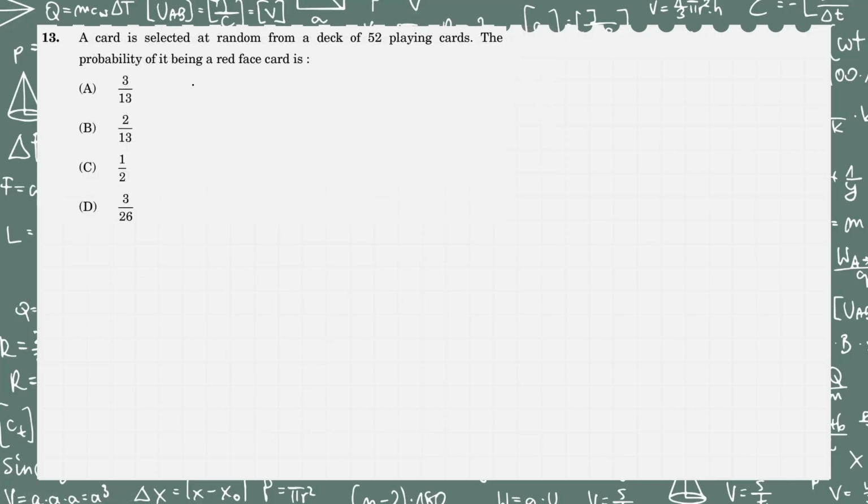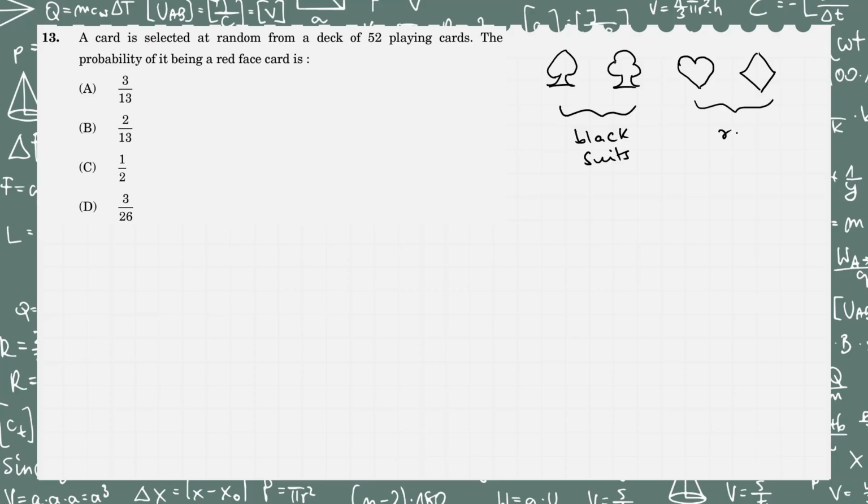Let's move on to the next sum. A card is selected at random from a deck of 52 playing cards. The probability of it being a red face card is, actually, hope you know, in a card game, these two are black suites and these two are red suites.